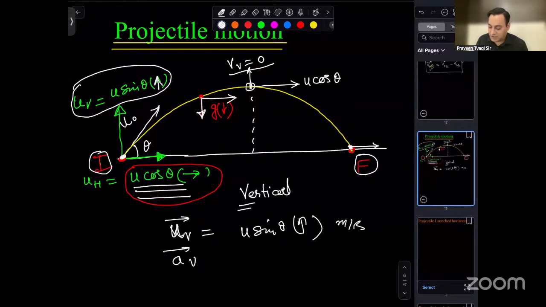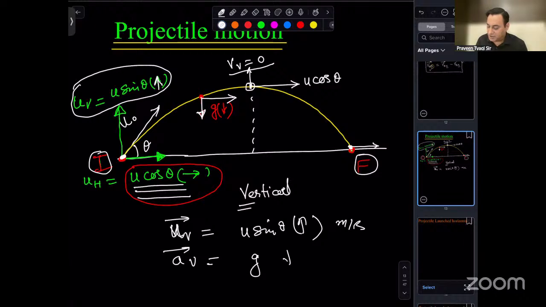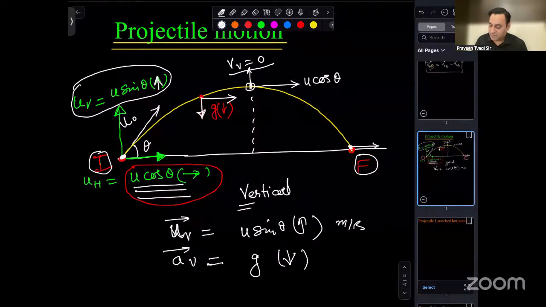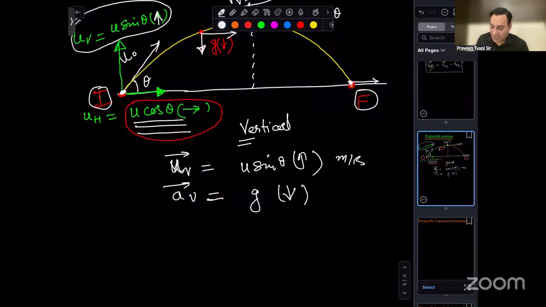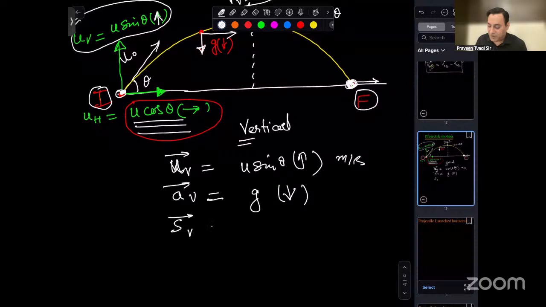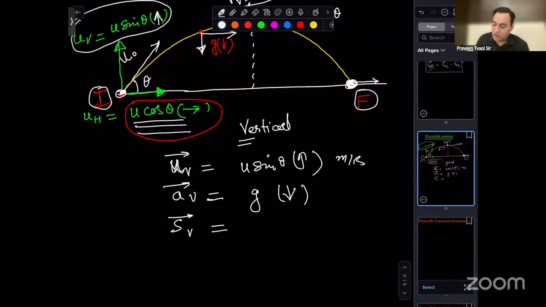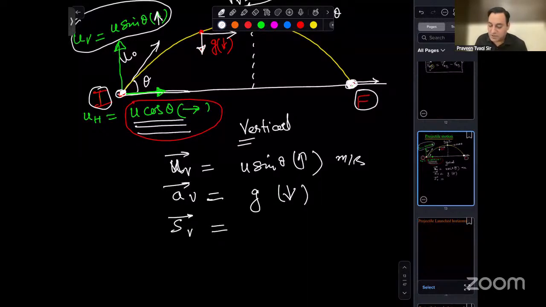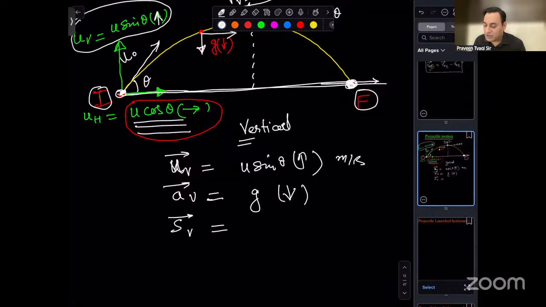Acceleration in vertical direction, g downwards. For vertical motion from I to F, what is the vertical displacement? Can anyone tell me? When it goes from I to F, the whole displacement is horizontal. There is no vertical displacement. So vertical displacement will be zero.